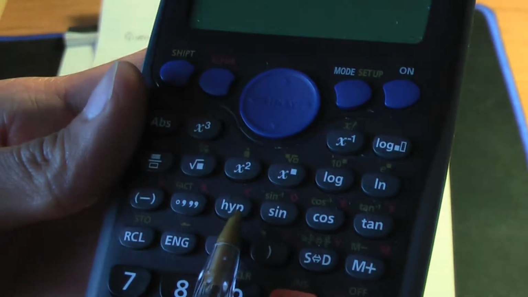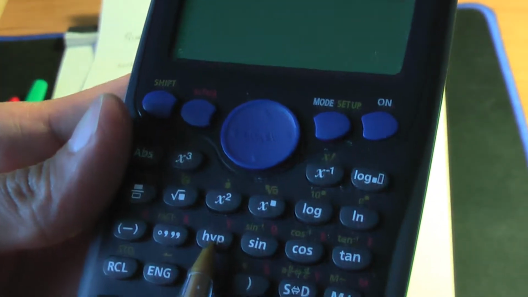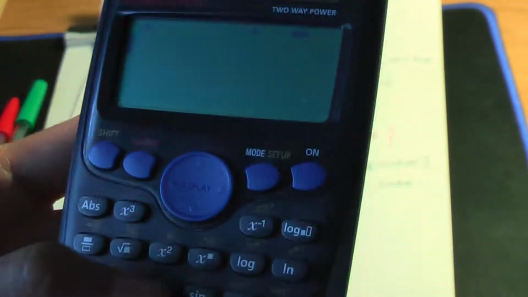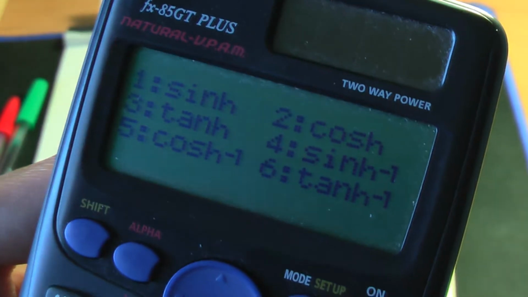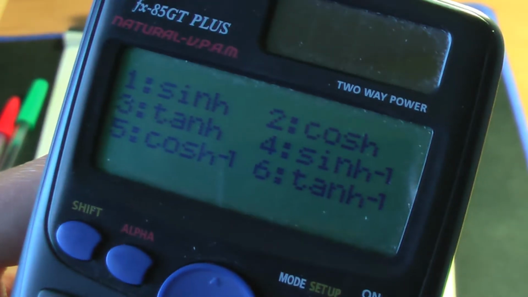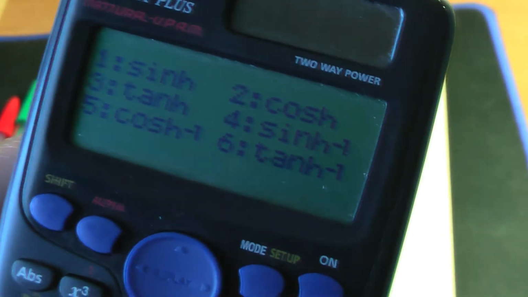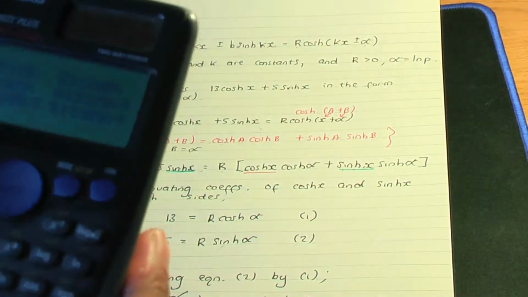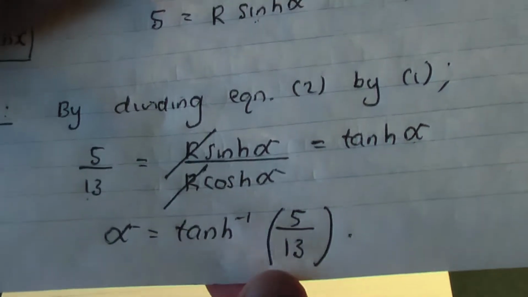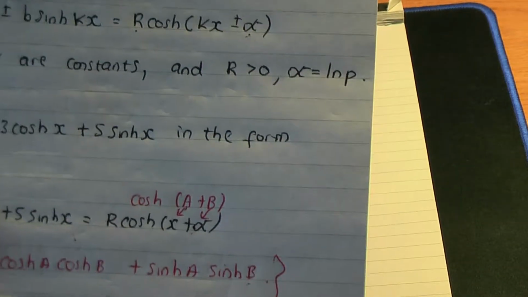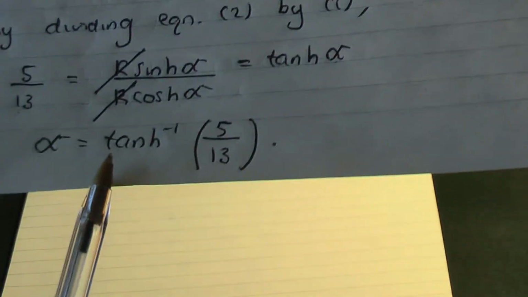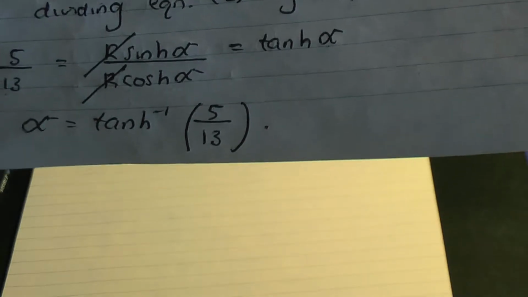Remember, there is a HYP button on the calculator, which when you press it will give you a library of hyperbolic functions. So you can use the calculator to work out the inverse hyperbolic tan of 5 over 13, but you could also use the definition and write alpha in terms of ln, using the definition of inverse hyperbolic tan of x.